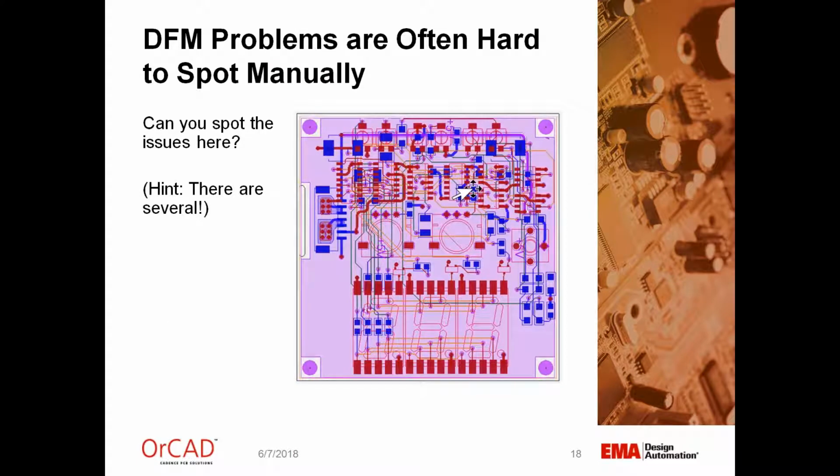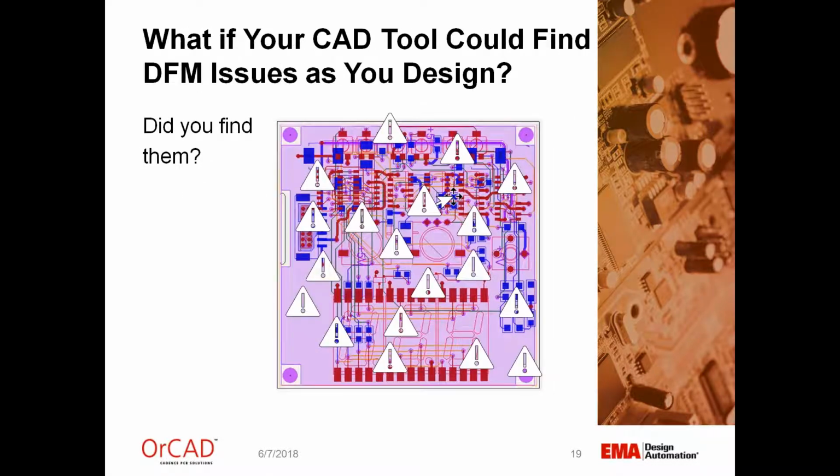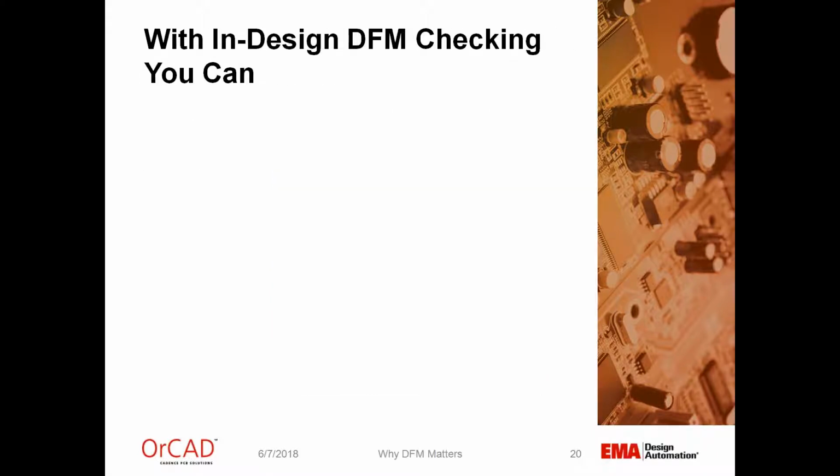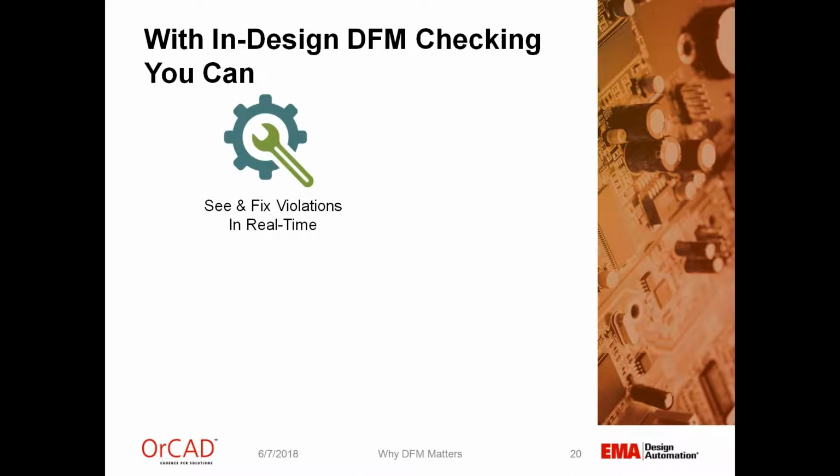DFM problems are often hard to spot manually. If you look at the overall board here, at first glance it really doesn't look too bad. But as you'll find out, there are some issues with this board. Within design, DFM checking lets you see and fix violations in real time.